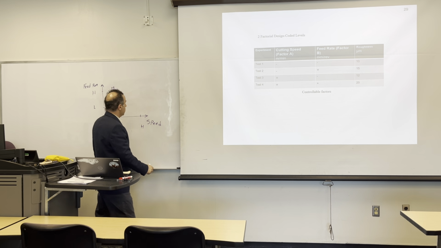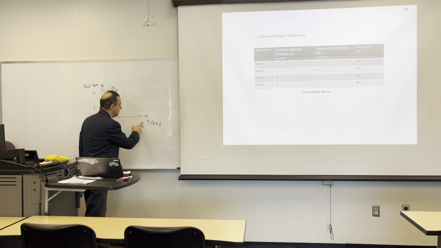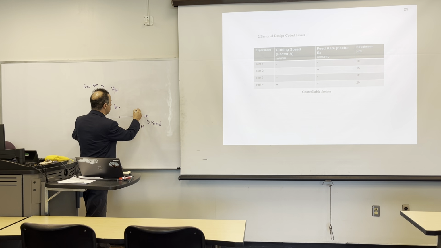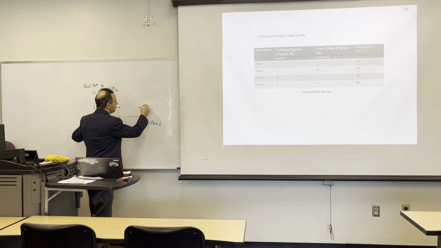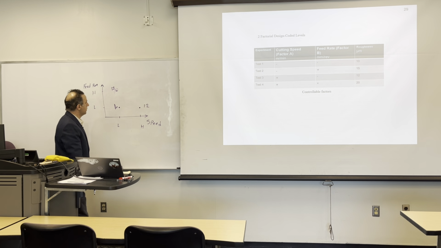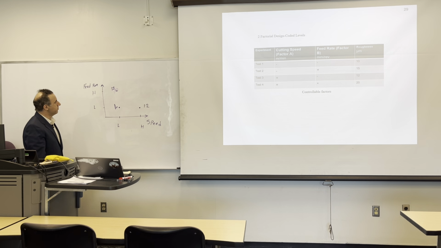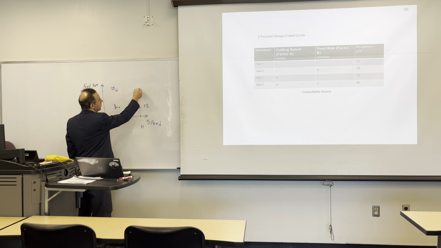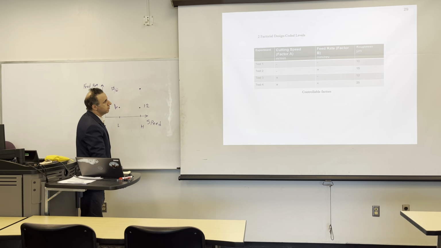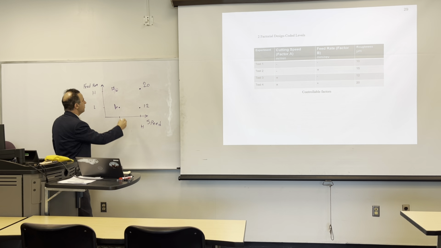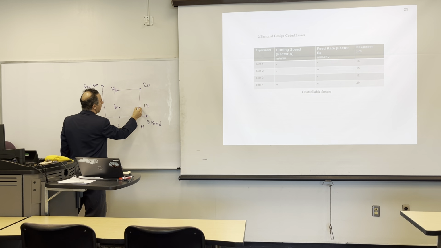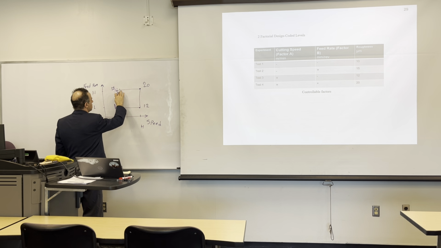We have high speed and low feed rate, which is this point, and that is 12. The roughness, and this one is 20, right? So this is the geometric representation of this experiment.